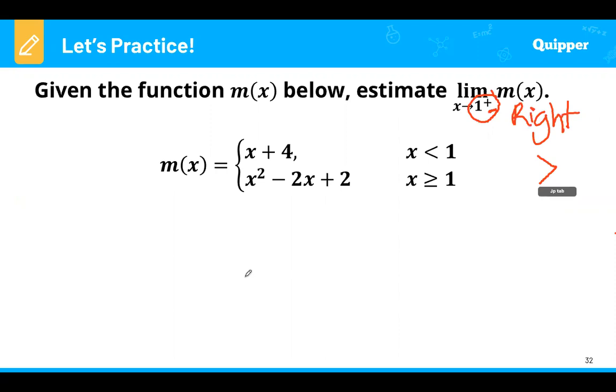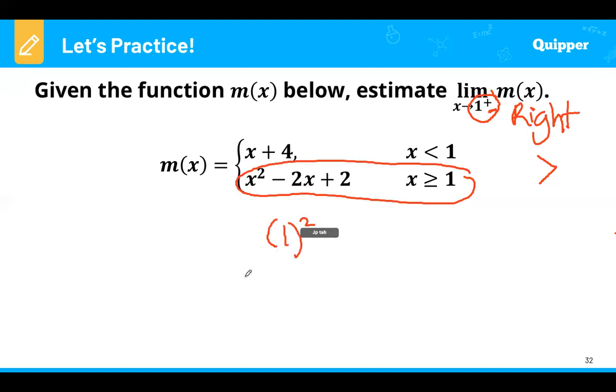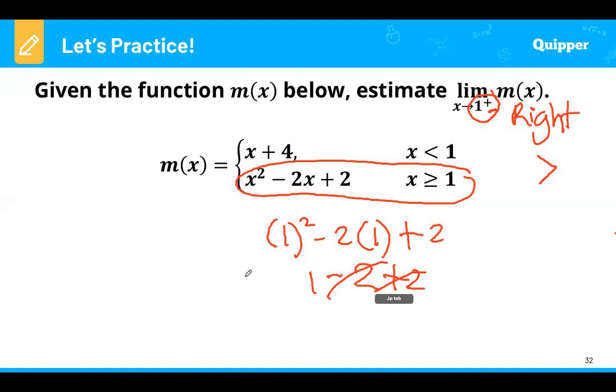Asan yung greater than? Is it this one or this one? Okay, this one is the greater than. So we will just use that part. We will just change x as 1. So we have 1 squared minus 2 times 1 plus 2. 1 squared is 1, negative 2 times 1 is negative 2, plus 2, cancel those 2, and then we have the answer as 1.